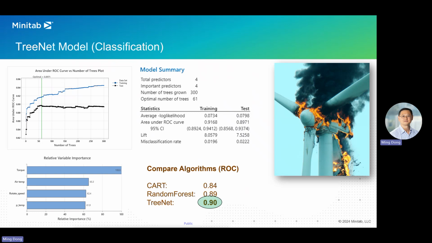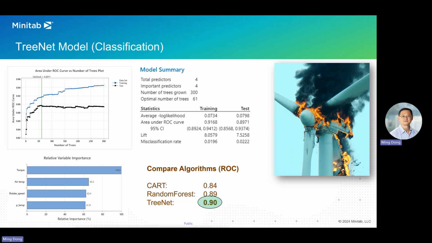And the important variable is torque, followed by air temperature and rotation speed. These are pretty close, rotation speed and air temperature. These are key drivers. So if we compare three different algorithms, CART gave me an ROC of 84, random forest gave me close to 89, and TreeNet gave me an ROC of 90%.